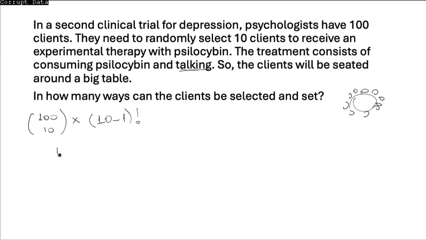So this is 100 over 90 factorial times 10 factorial. Oops, not 10, sorry, it's 10 minus 1, so this is 9 factorial, right? And well, you could work these factorials out, okay?